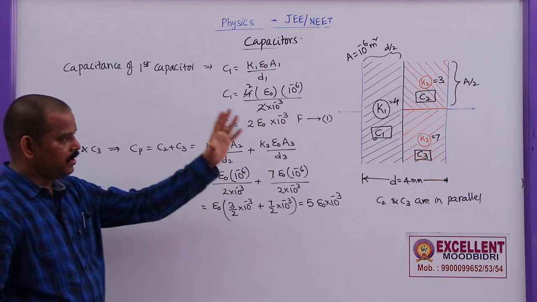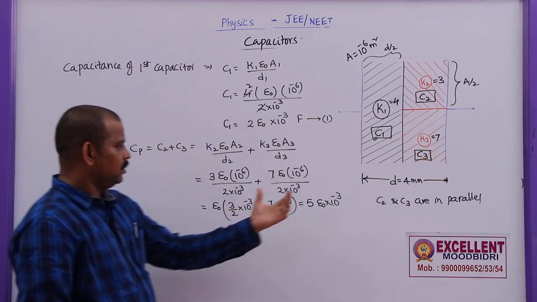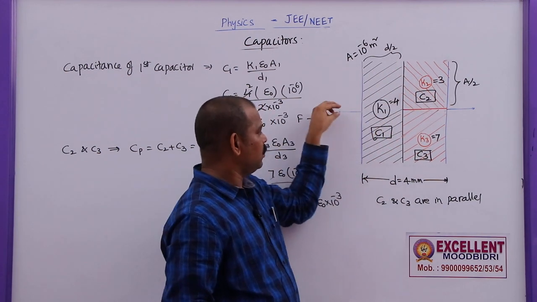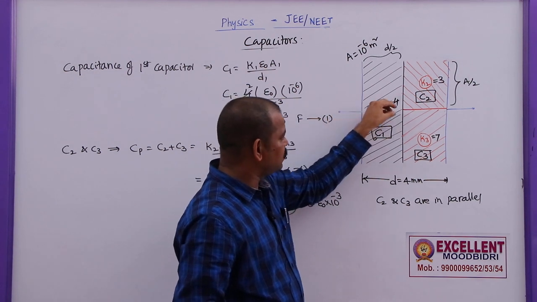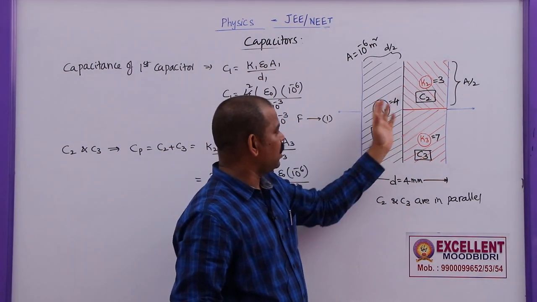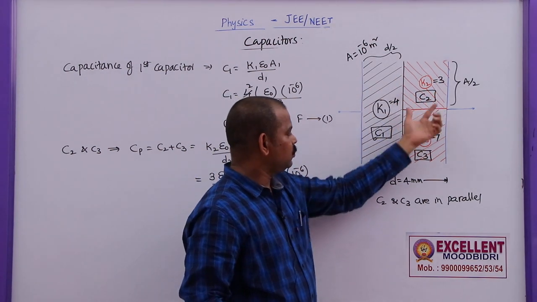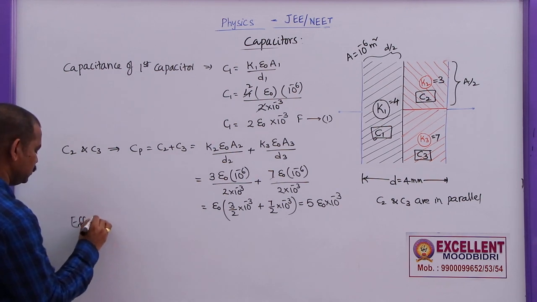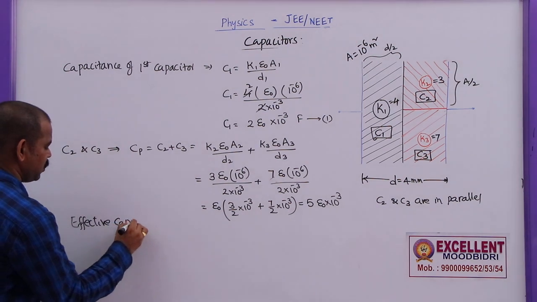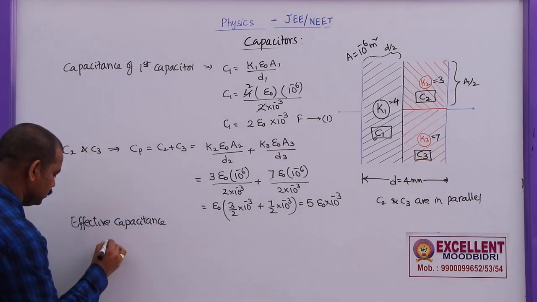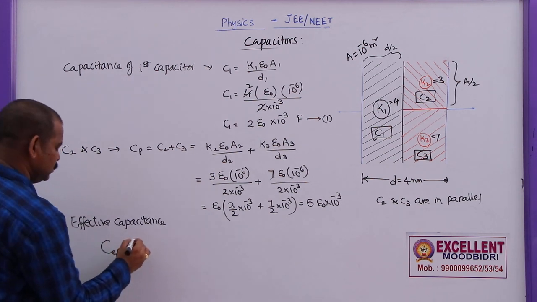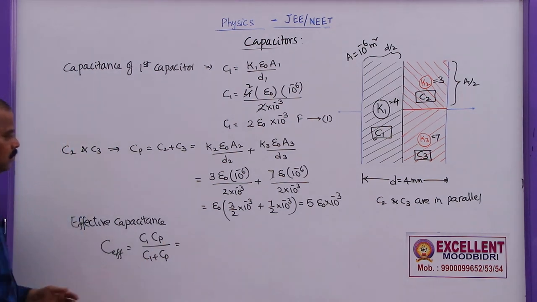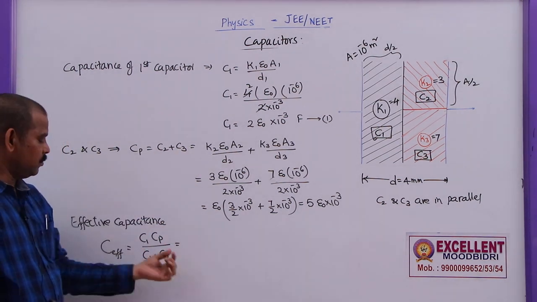Then I need to find out the effective capacitance. Here this is vertical, these two are parallel, and for the entire combination, if you send the charge, it will pass to the first capacitor, then it divides. So C1, and the combination of C2 and C3, are in series. So finally the effective capacitance is given by C effective is equal to C1 into Cp by C1 plus Cp, that is, product of the capacitances by sum of the capacitances.